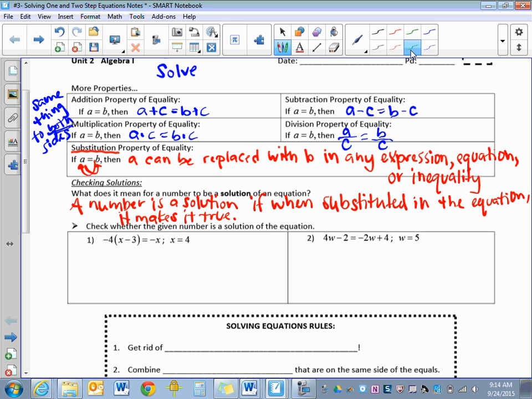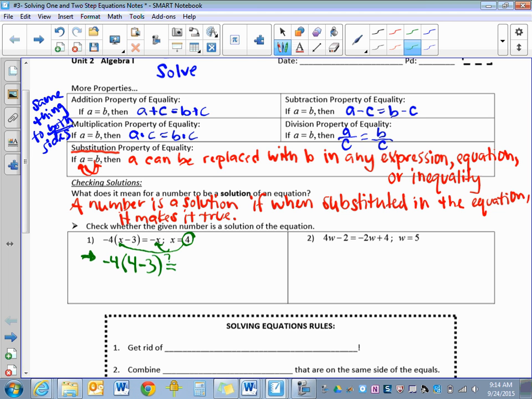Alright, so it says check whether the given number is a solution of the equation. So we don't know yet if it's a solution. We're checking to see if it is. So again, by the substitution property of equality, I can take 4, substitute in for x here, and over here. Alright, so I have a negative 4 times, instead of x, we have 4, minus 3.